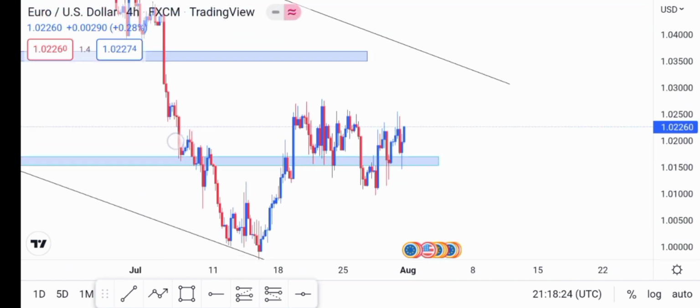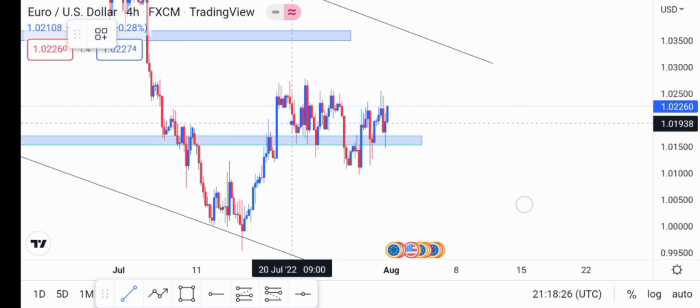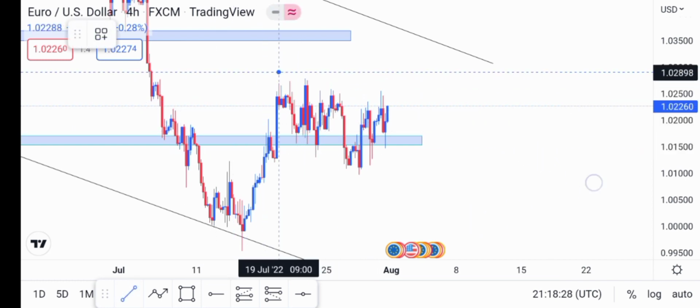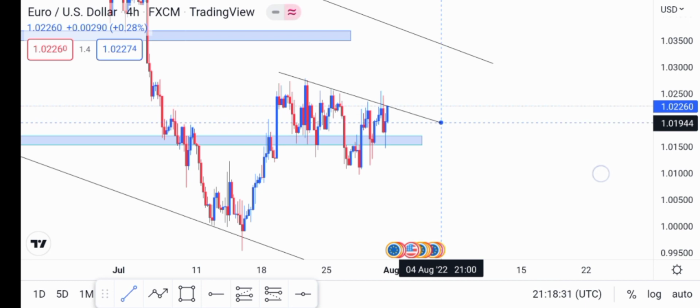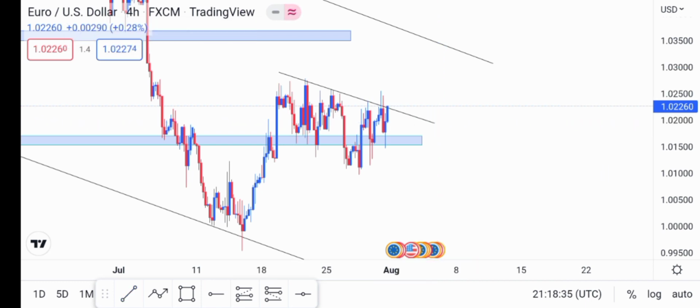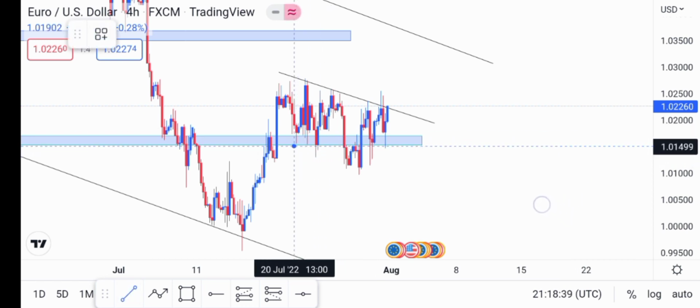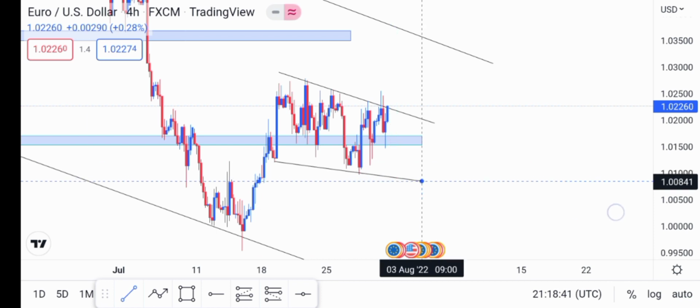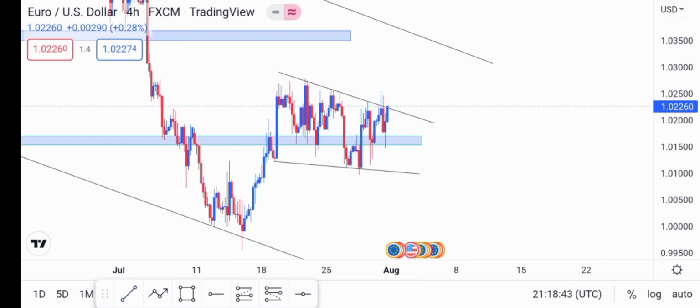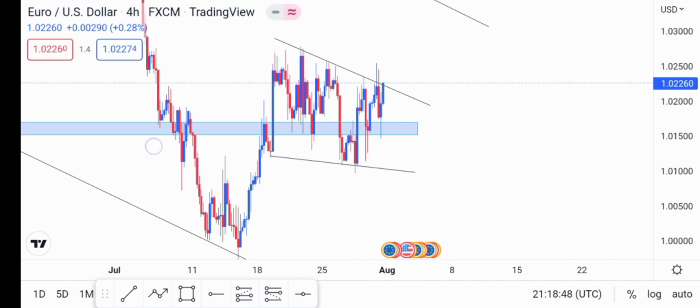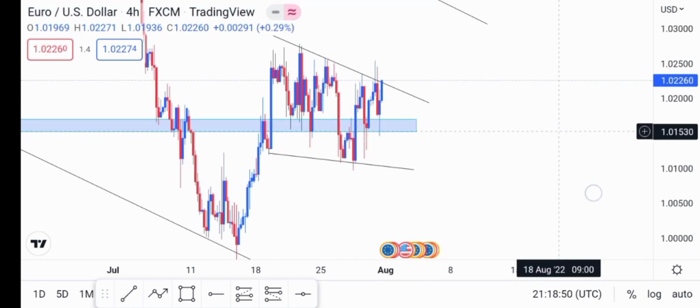Okay, so this is what we have. This is the scenario, and as you can see, this is a flag formation that we have right over here.